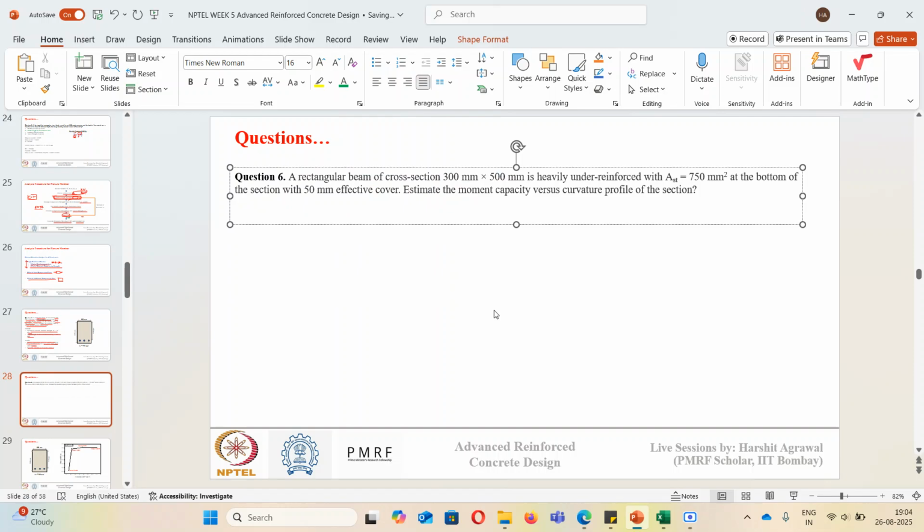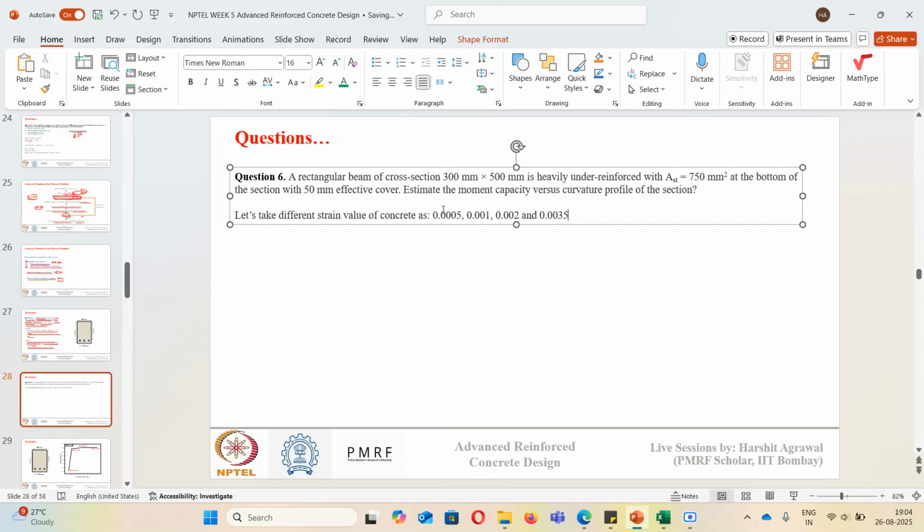Okay, so we need to find the moment versus curvature profile. If we want to plot a moment versus curvature profile, we need to find the moment and curvature at different strain levels. So let's take different strain values of concrete as 0.0005, 0.001, 0.002, and 0.0035.